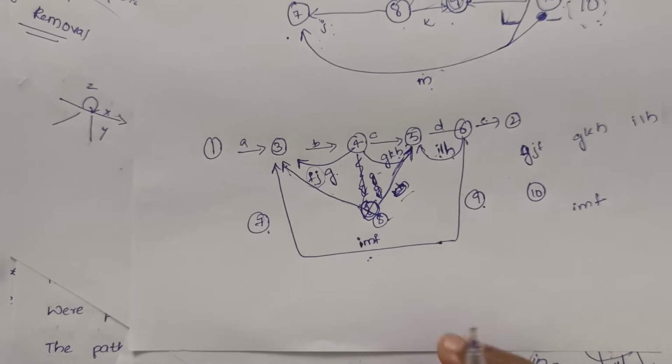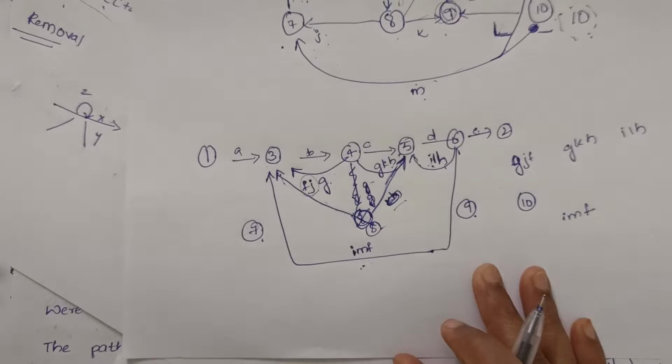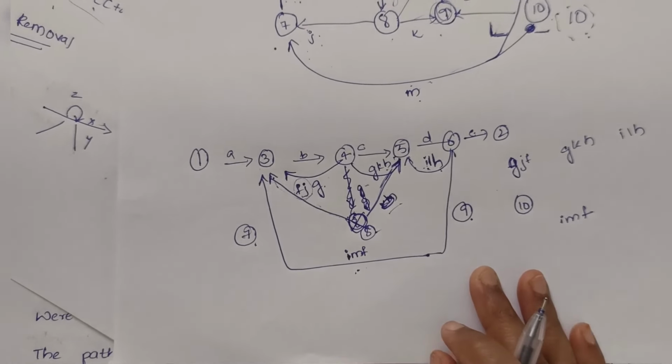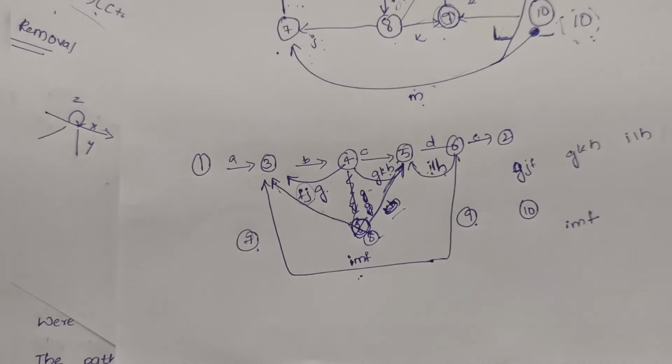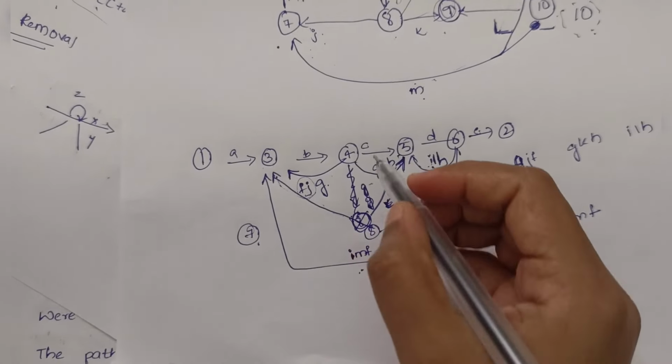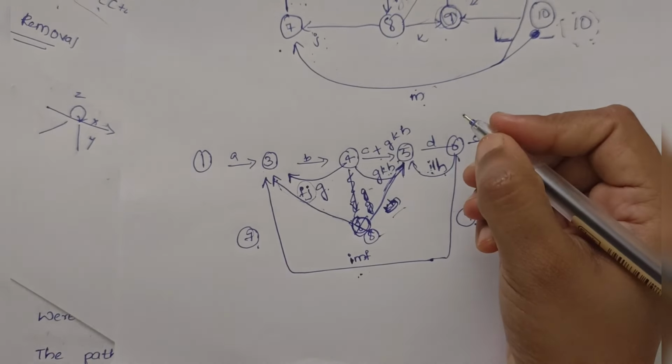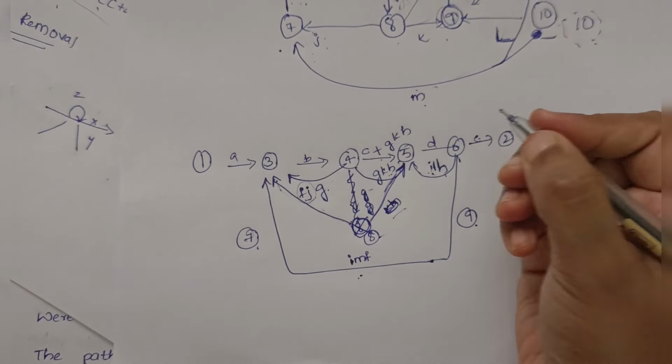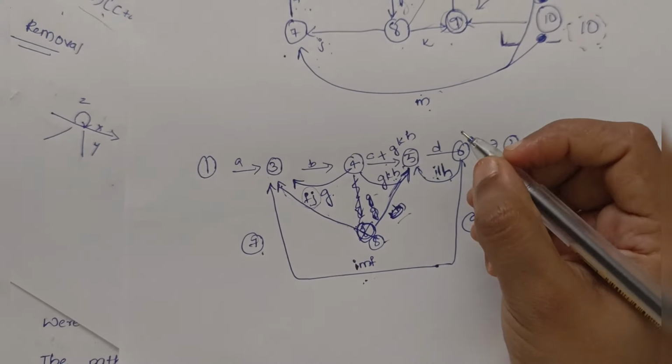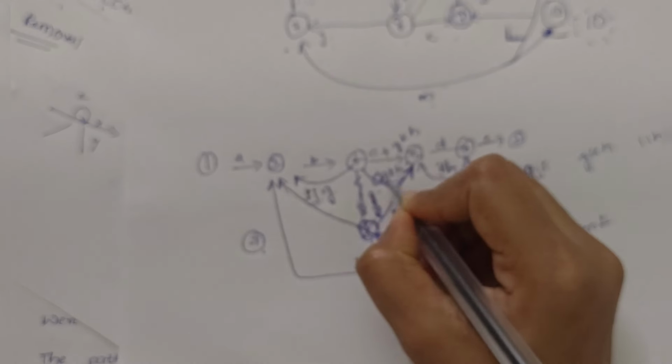Now parallel nodes can be removed. Here these parallel nodes can be converted to C plus G, K, H, and here one, this should be removed.